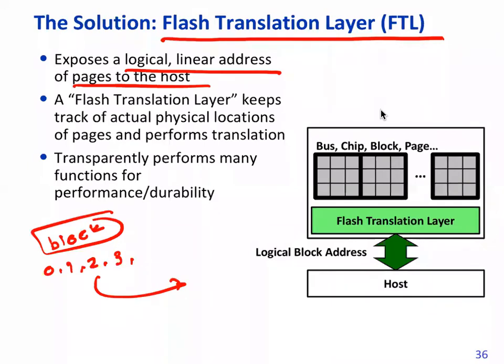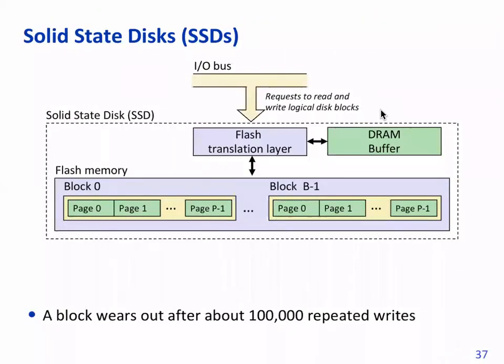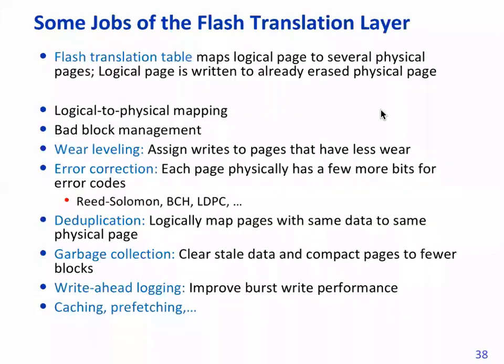So this mapping is done by FTL. And second, this FTL keeps track of the actual physical locations of pages and performs the translation. Fine. And it transparently performs many functions for performance and durability, like we have seen wear leveling and many other things, right?